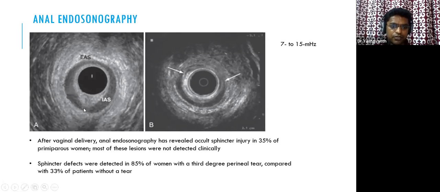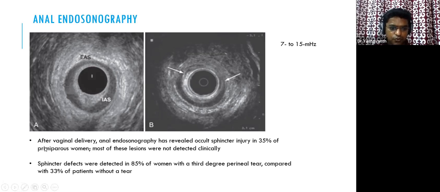So this is endosonography, ultrasound, where you are seeing the internal anal sphincter and external anal sphincter. This is a normal one. This is a patient where you have a defect somewhere between 10 o'clock to 3 o'clock. There is a defect in the sphincter, both the internal and external.